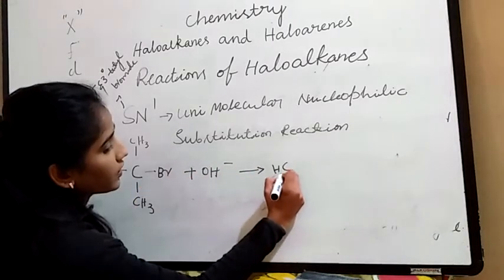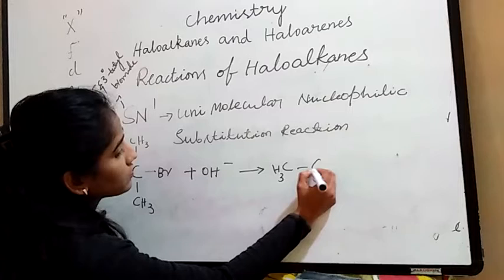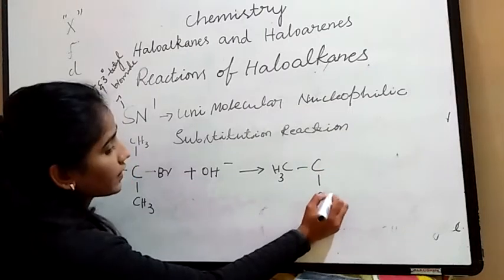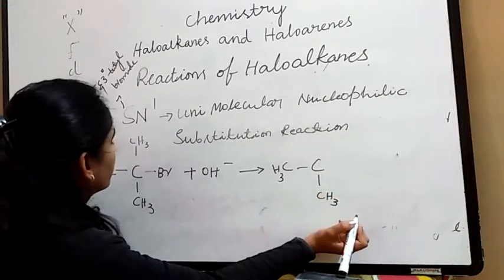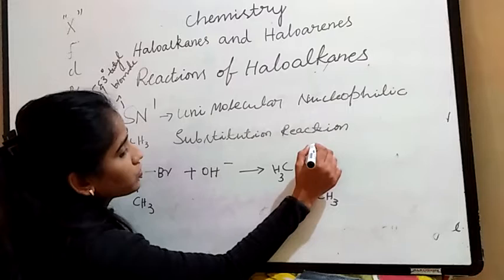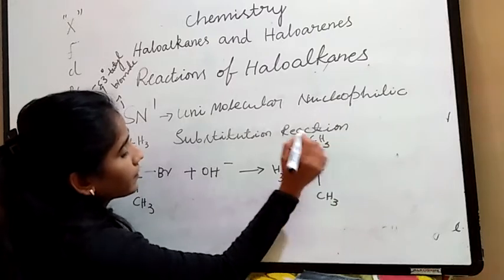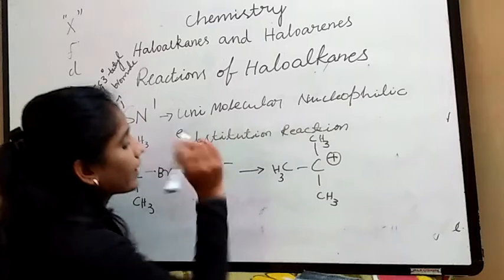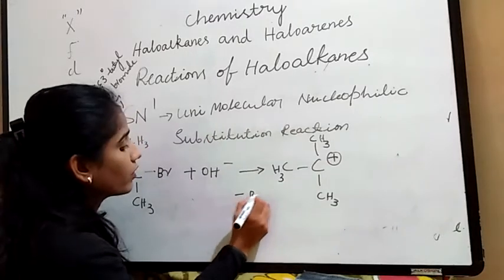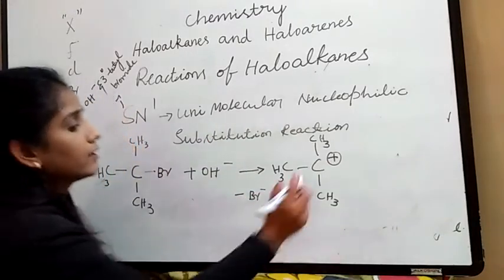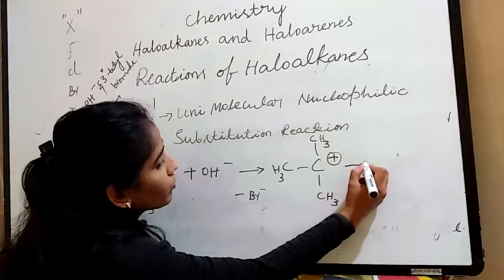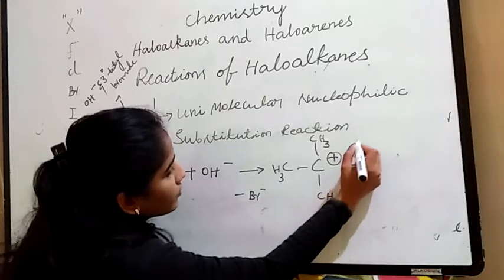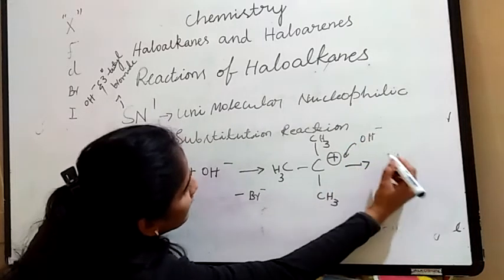A carbocation will form with the removal of Br minus ion. Later, the nucleophile OH minus attacks here.